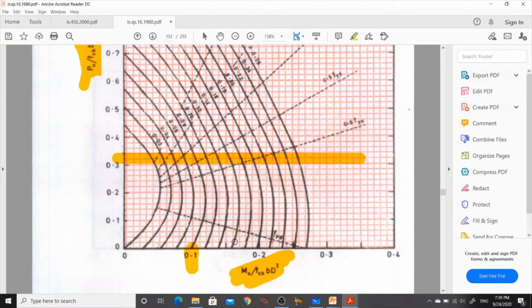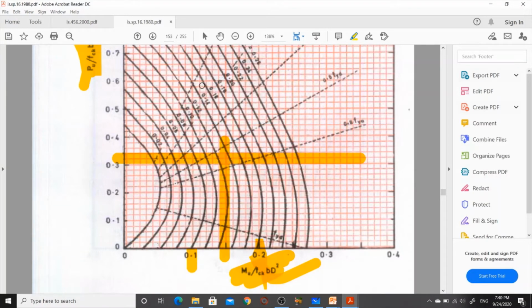Between these marks, at this point both graphs meet.